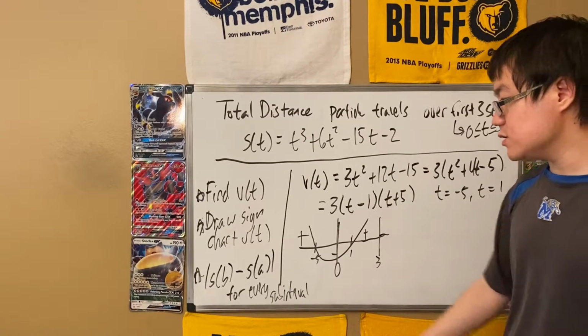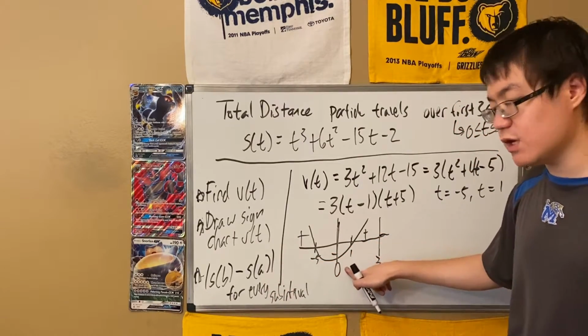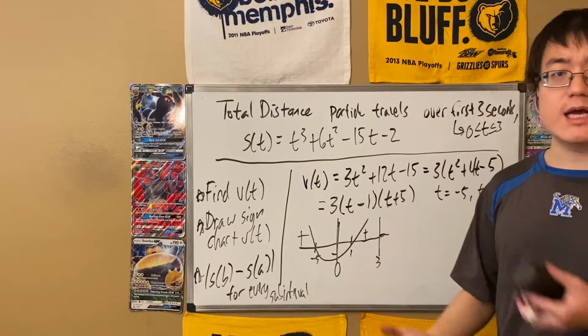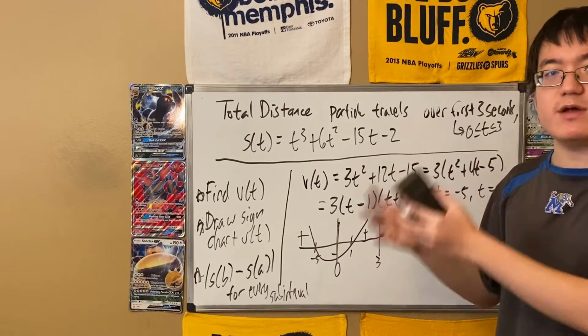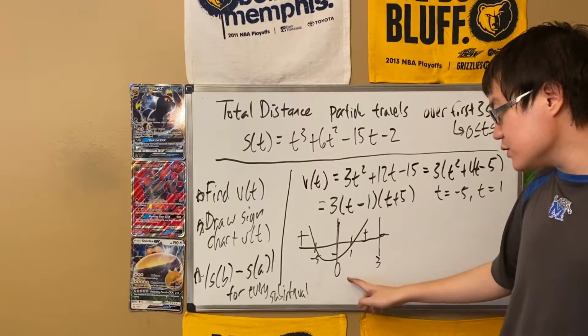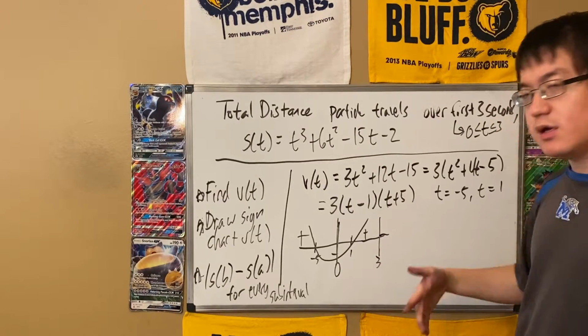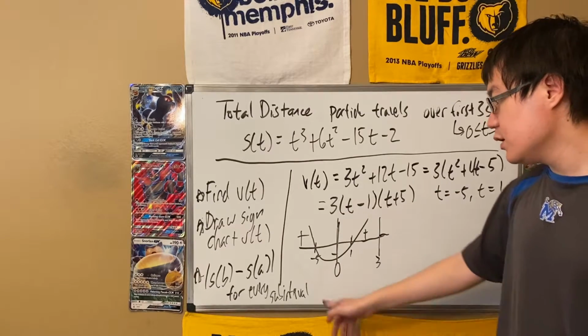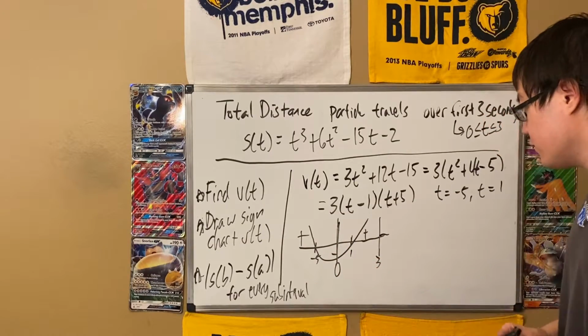So again, what you do is you apply this formula for this interval, and then you apply it for this interval, and you do it as many times as many small chunks of interval that you have. So for example, if it was 0, 1, 2, 3, you would do 1 to 0, 2 to 1, 3 to 2. In this case, we're just going to do 2 of them.